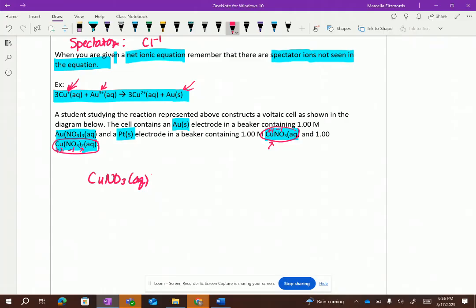And here I see an Au+3. Well, I don't see this connected with anything, so it doesn't really have a charge. But this one I see NO3, which is -1, and there's 3 of them. This must be a +3 charge. So this must be the one that's represented here. And these were aqueous.